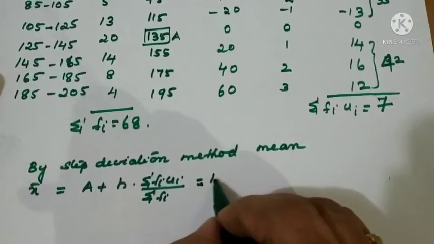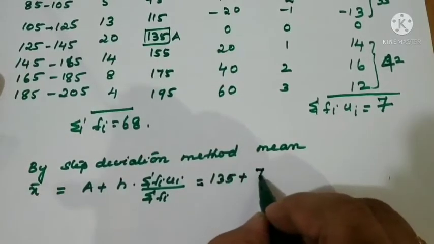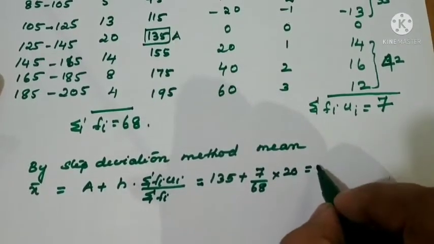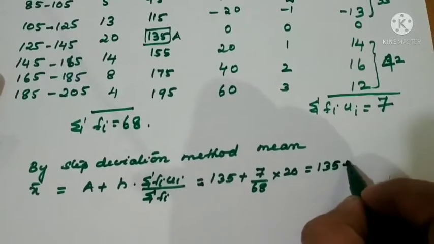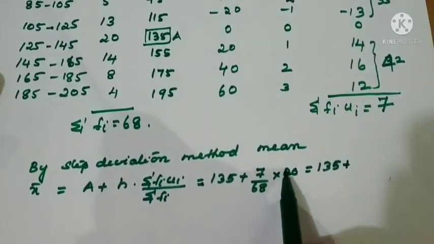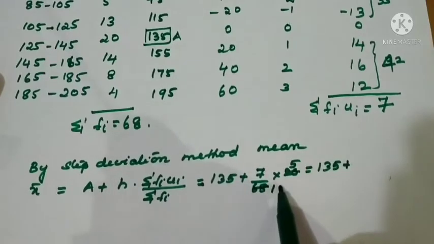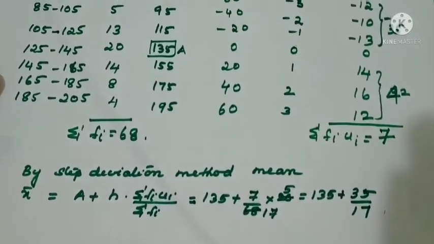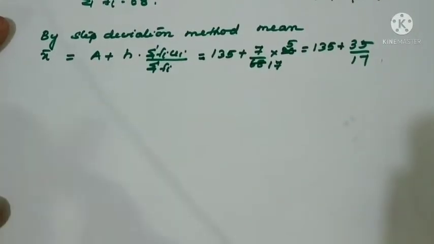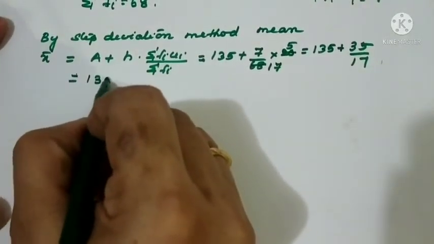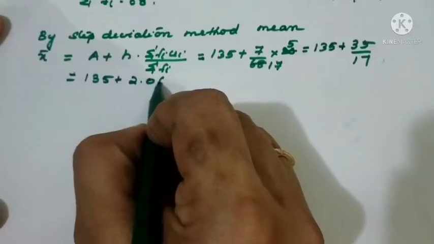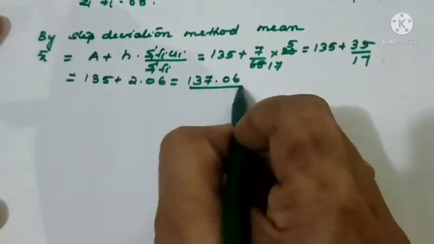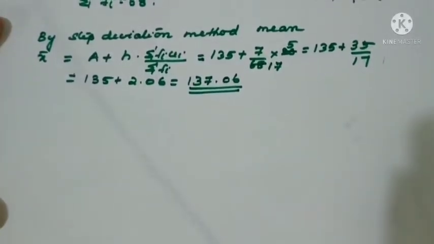It is equal to 135 plus 7 by 68 into 20, equal to 135 plus 5.4, so 35 by 17, equal to 135 plus 2.06, equal to 137.06. So we have calculated the mean now.